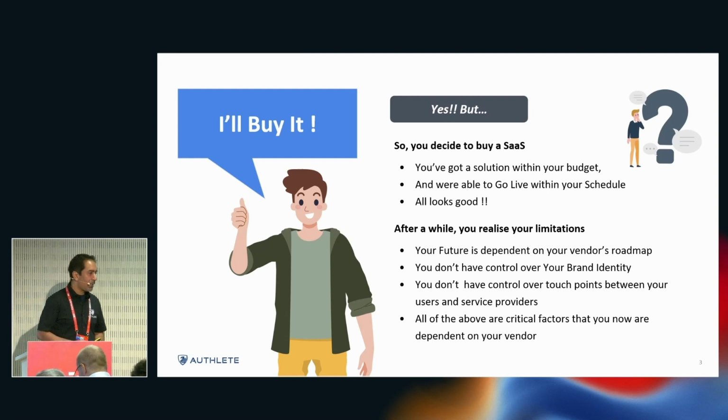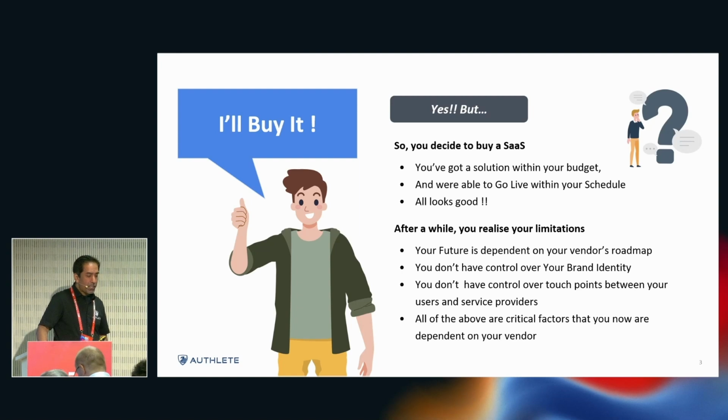So some companies who start to become very conscious about having their brand identity in place start to feel like, hey, we don't really want to send our customers to the vendor's domain, even if it's for a split second. We want to keep them all within our service domain all the time.